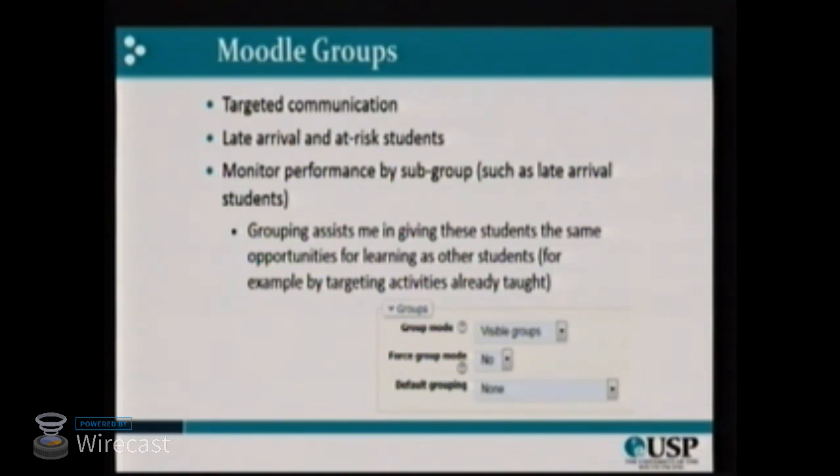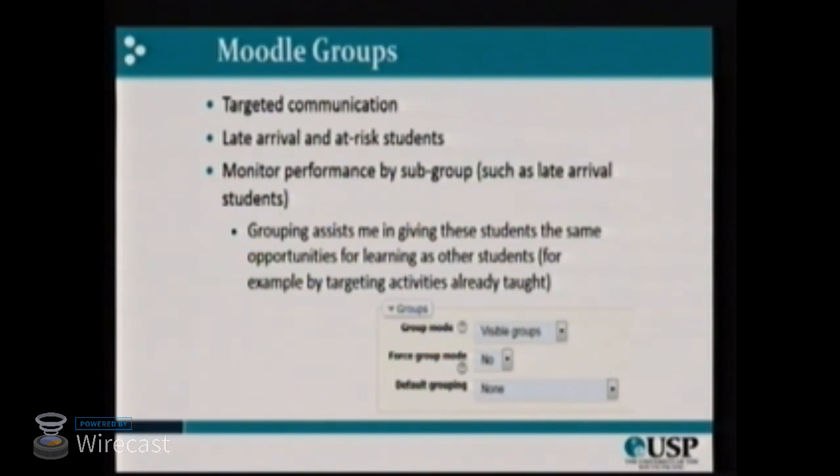Use of Moodle groups, so late arrival and at-risk students. Without having targeted ICT tools, managing late arrival students and at-risk students and giving them the best opportunity is very difficult. And these students, particularly late arrival students, are at a significant disadvantage because they have a lot less time than other students.